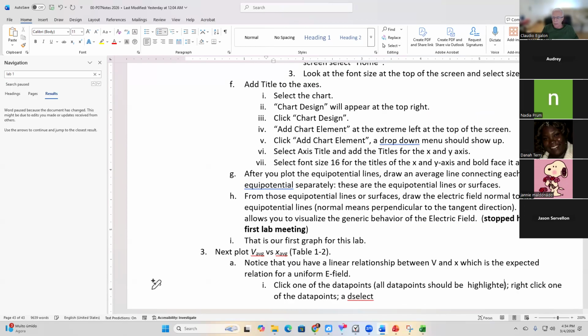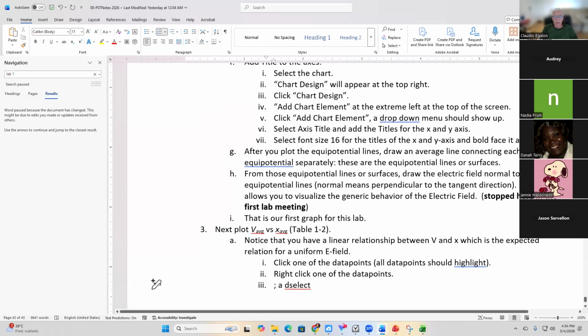It should highlight. Right click one of the data points. All data points should be highlighted. Oh, no. Sorry. Click on the data points, right click on the data points. A drop down menu should show up.